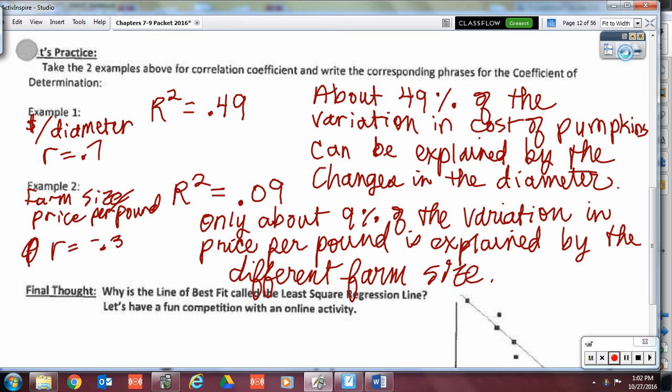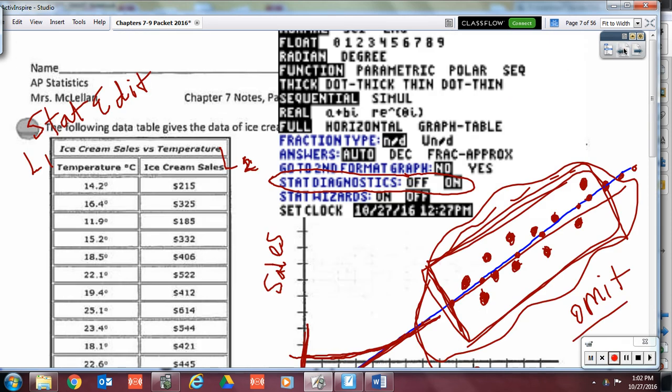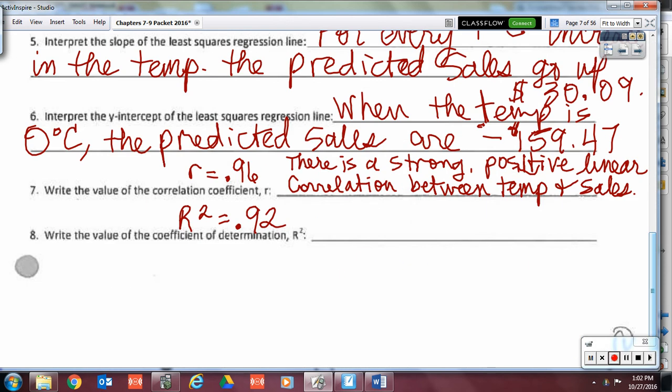Let's now go back to your very first page and have you take your R squared of 0.92 with sales and put the explanation that goes with this.